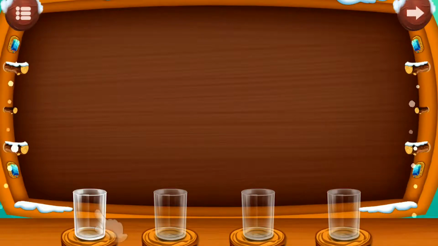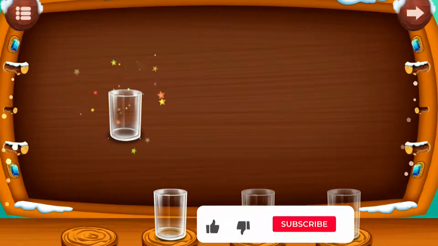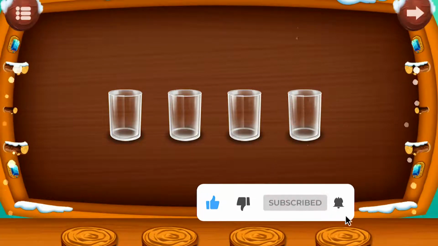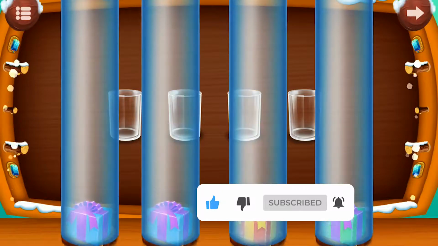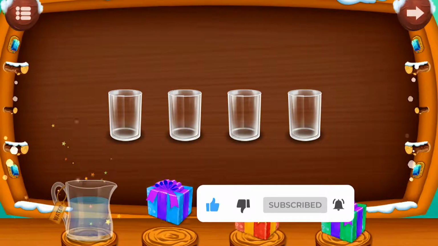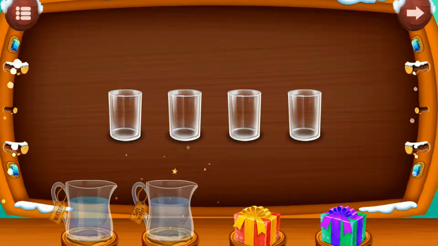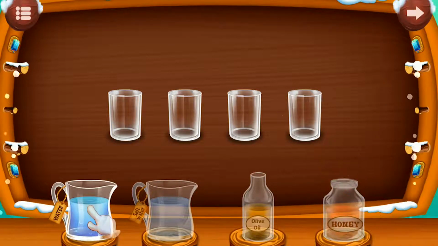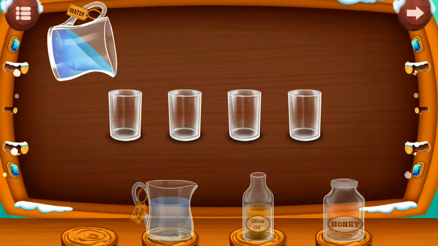Take 4 empty glasses. Fill first glass with water.